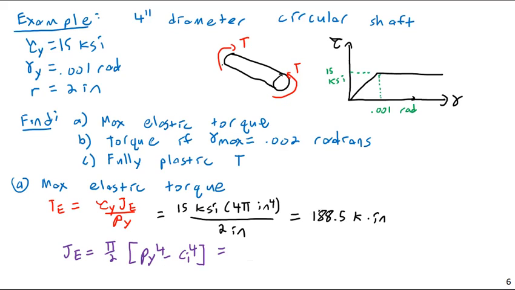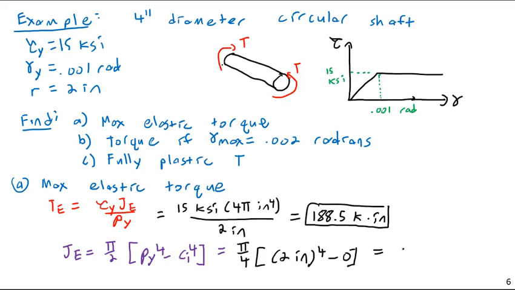So this would actually be our answer here, but I'm kind of doing this a little backwards just for fun. This would be equal to pi over 4 times 2 inches, that's not 2 meters, not at all, to the fourth minus 0. And that's where the 4 pi inches to the fourth comes from.